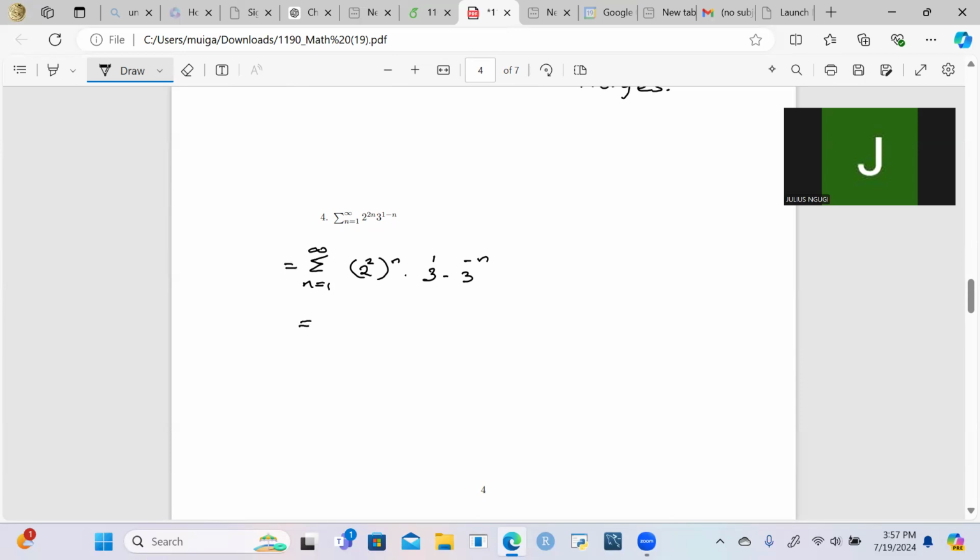So this becomes the sum, n equals 1 to infinity, of 4 to the power of n. We can factor out 3. Then you might have here 3 to the power of minus n. So this will become 3 times the sum, n starts from 1 to infinity, of 4 to the power of n, multiplied by 1/3 to the power of n.